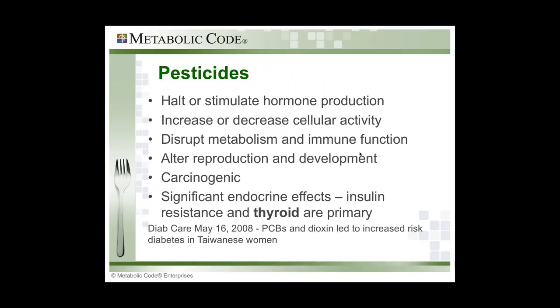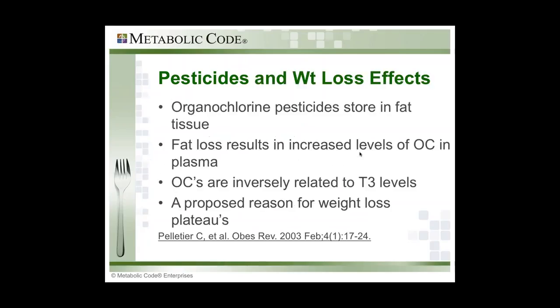So even phthalates can have an influence on thyroid hormone. But the big thing is that the two main endocrine effects seen from the common chemicals used on foods are that they can induce insulin resistance and they can disrupt thyroid hormone activity. So those are the primary things that happen with pesticides in food.